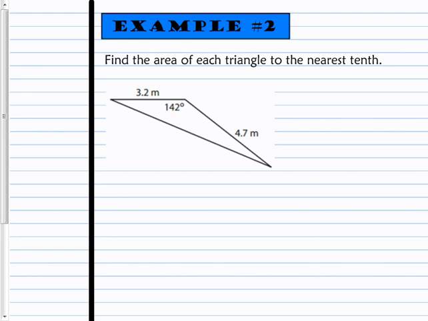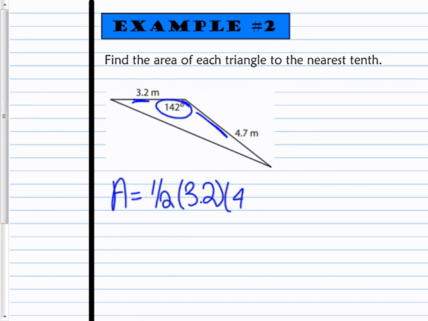Okay? So find the area of each triangle to the nearest tenth. I have a side, and I have an included angle, so I can do this. Area is 1/2 side 3.2 times side 4.7 times sine angle 142.